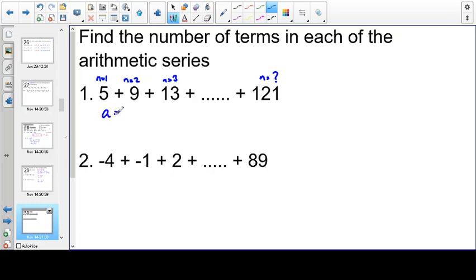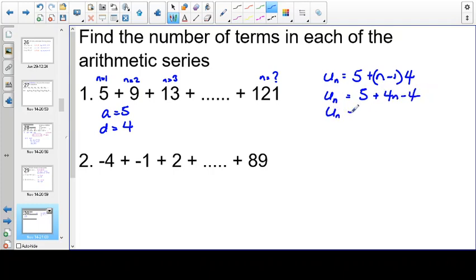So A is 5, D is 4, so UN equals A plus N minus 1 D. So UN equals 5 plus 4n minus 4, UN equals 4n plus 1, sorry. Okay, so that is the nth term.